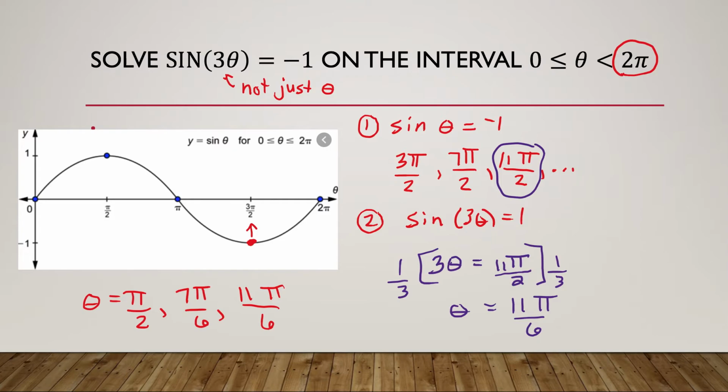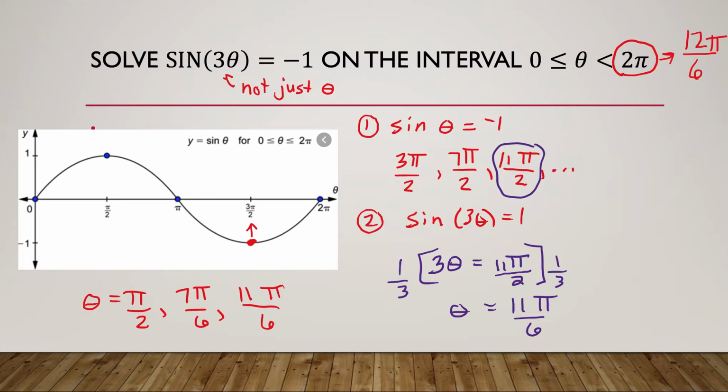So I'm noticing that all of my answers, at least the last two, are over 6. And actually the first one was 2, we just reduced it out. So I'm going to take this 2 pi and write it over 6 so that I can see what that's equal to. I know that 12 over 6 is equal to 2 pi.